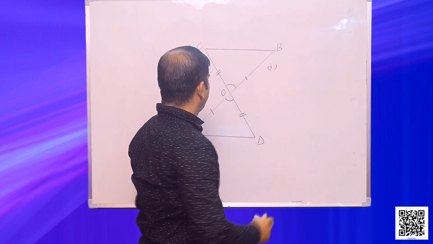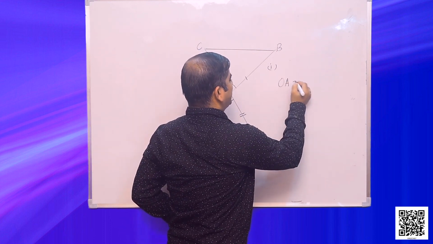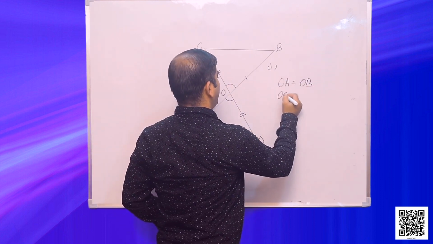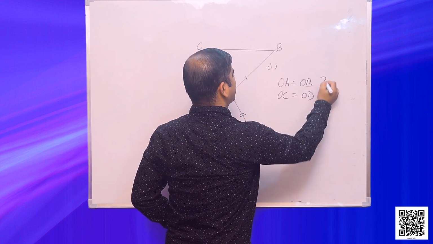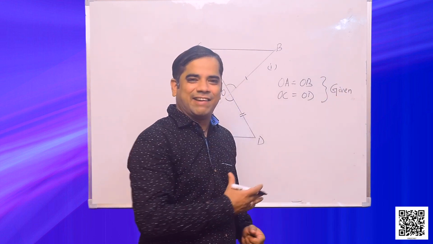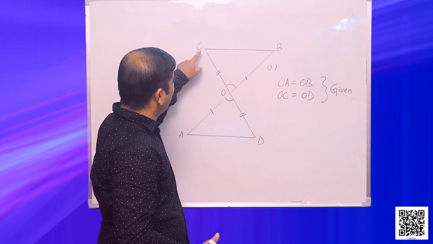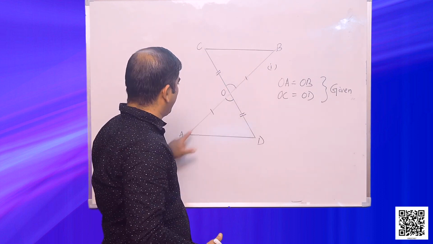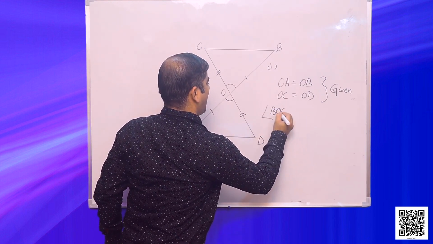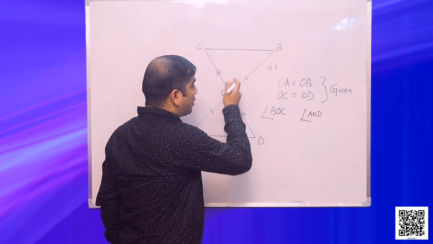So students, in your question OA is equal to OB and OC is equal to OD. These are given data, isn't it? Also, you can clearly see that angle BOC and angle AOD are equal to each other.